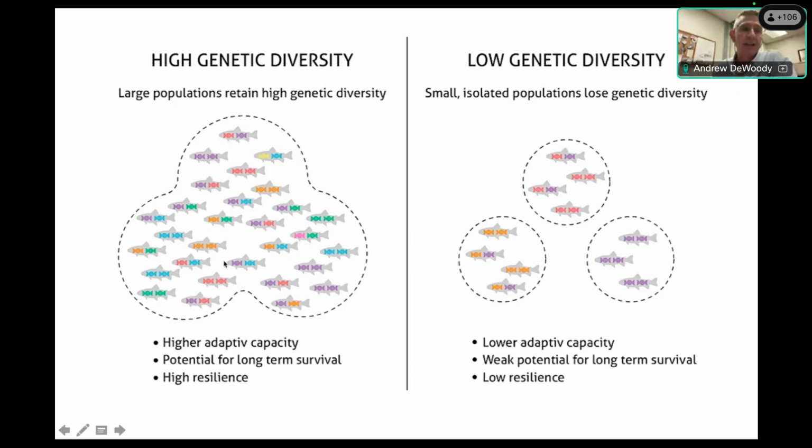The situation on the left with a large gene pool leads to more adaptive capacity and a potential for long-term survival that's significantly higher than we see over here on the right, where we've got lower adaptive capacity. And the diverse gene pool has more ecological resilience, the ability to withstand environmental change than any of these populations or subpopulations on the right that have less resilience. So this is why we're interested in genetic diversity.